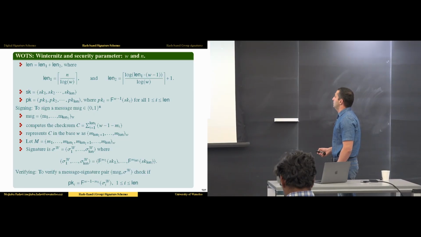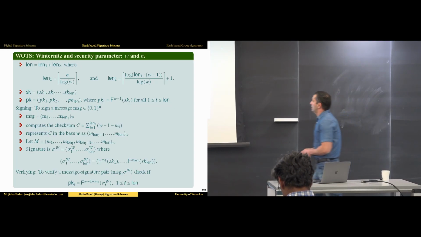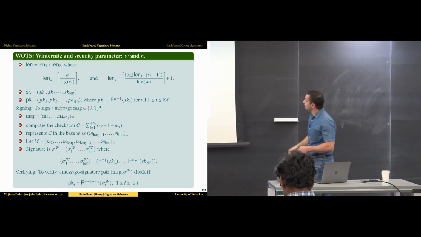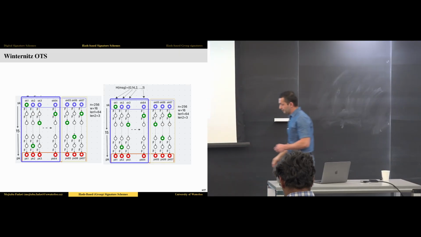The signature is, as was shown, the green nodes in this image. So if someone finds a message whose first part is larger than this one, this value goes down. It means that in the previous image he can go up to forge a signature.